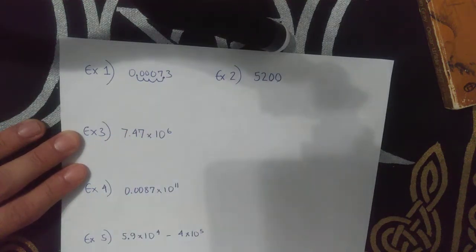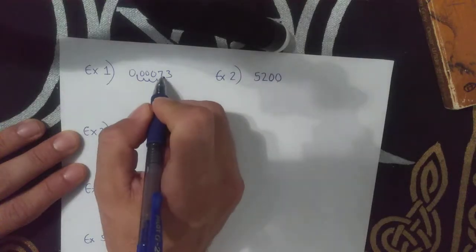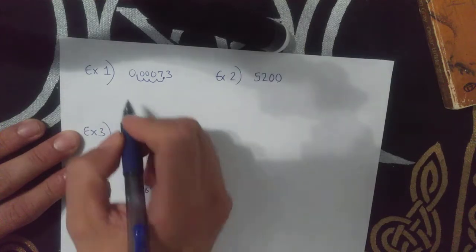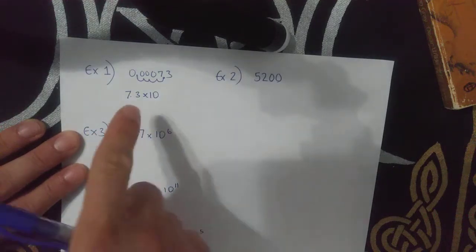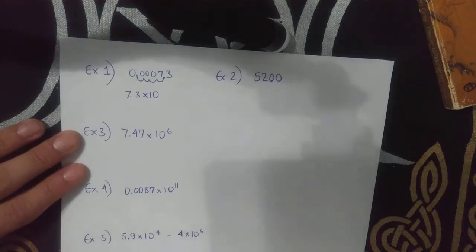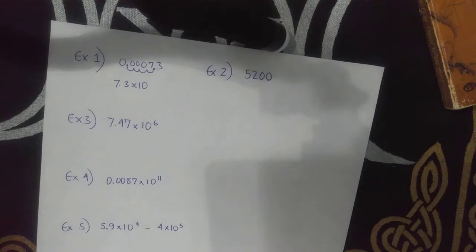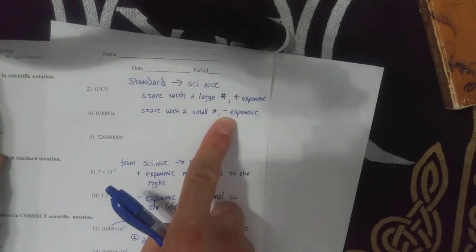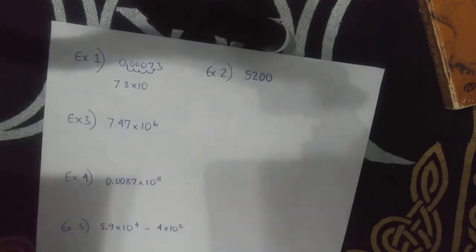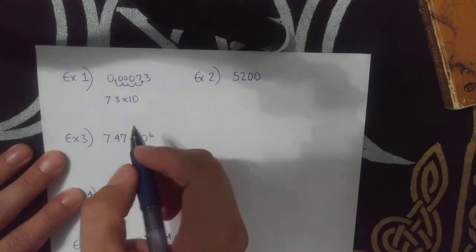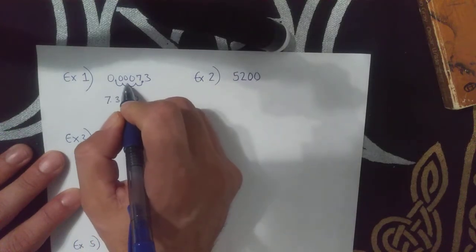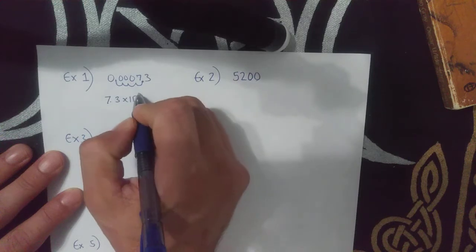I want to get behind the coefficient or the first whole number. So 7.3 times 10, and I'm starting with a small number, so I'm going to use a negative exponent. So 1, 2, 3, 4, so it's negative 4.